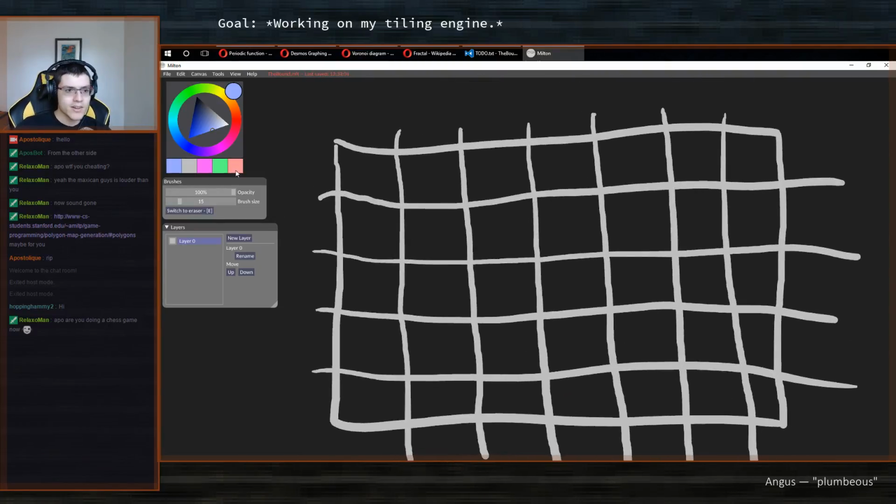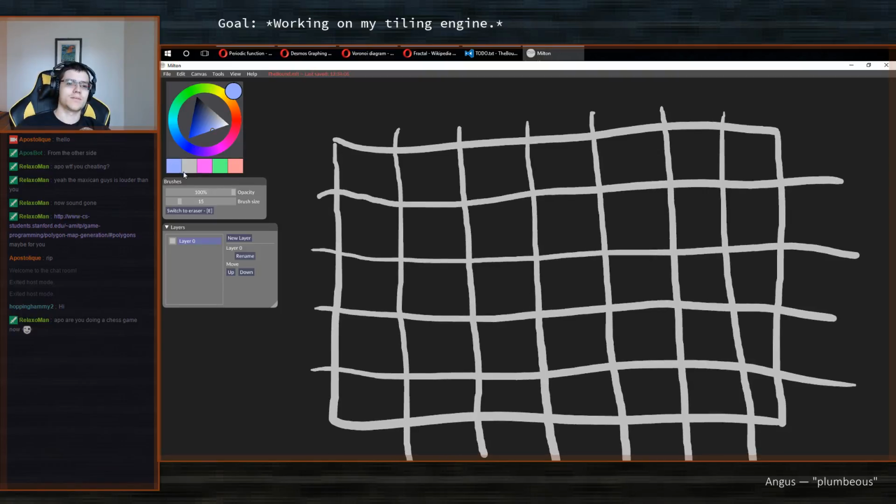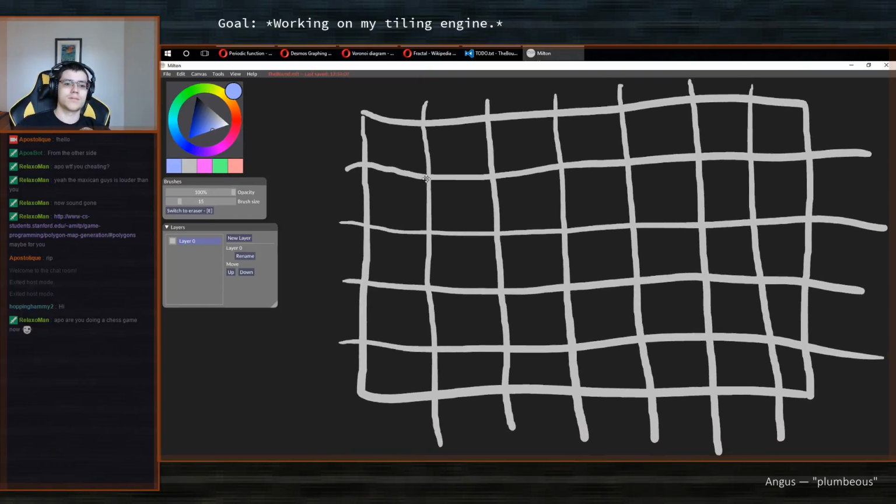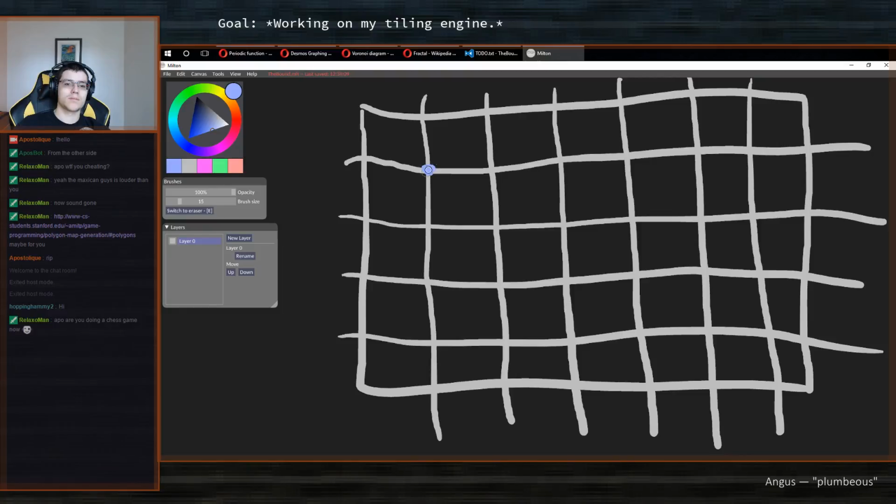What I'm doing right now is trying to generate some rivers. Thought I was joking. Hey, I was ready for that question.